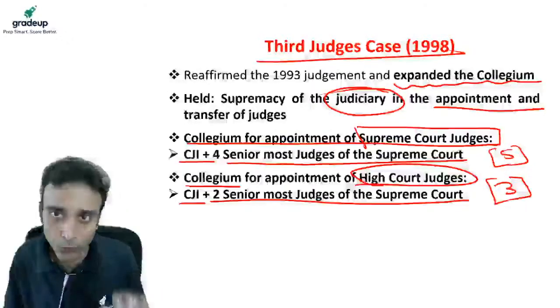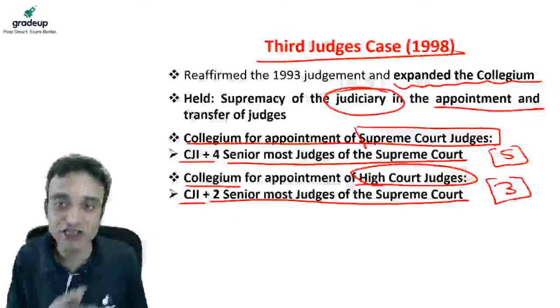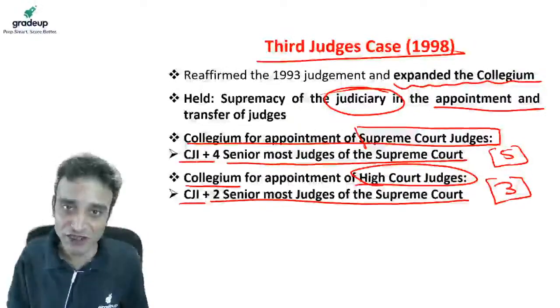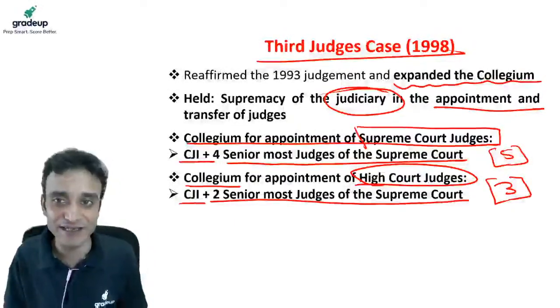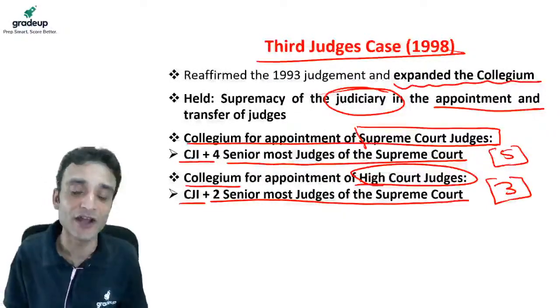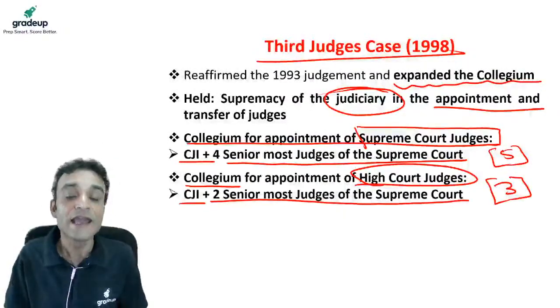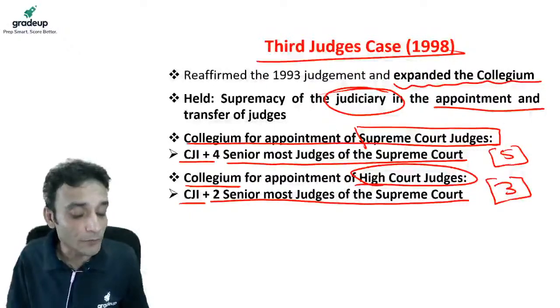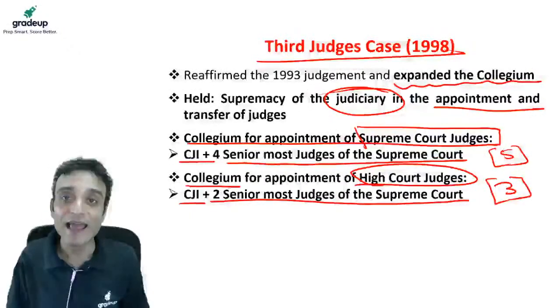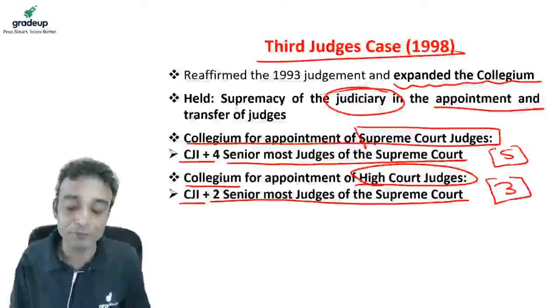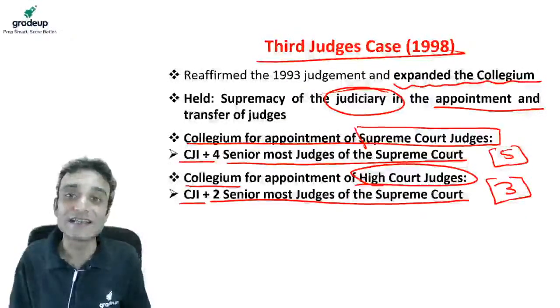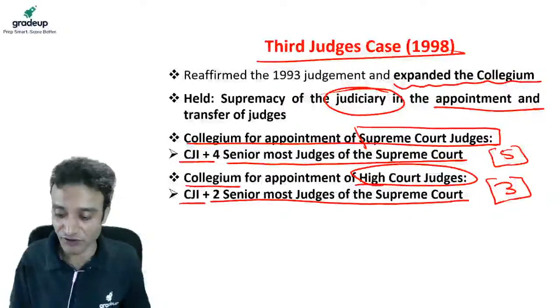The final word that comes from the judiciary is final. Whatever the Chief Justice or the collegium says insofar as appointment and transfer of judges is concerned, whatever the Supreme Court says is final, and it is not just a consultatory process, but it is a directory process.